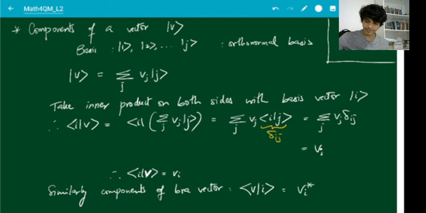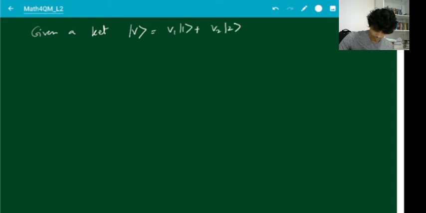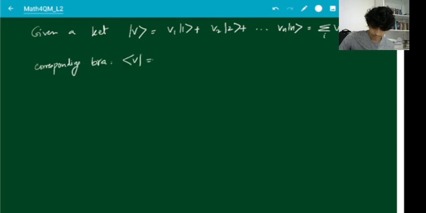So in general, given any ket v in terms of its components, so v1 times ket 1 plus v2 times ket 2 plus and so on, the corresponding bra is given by this.